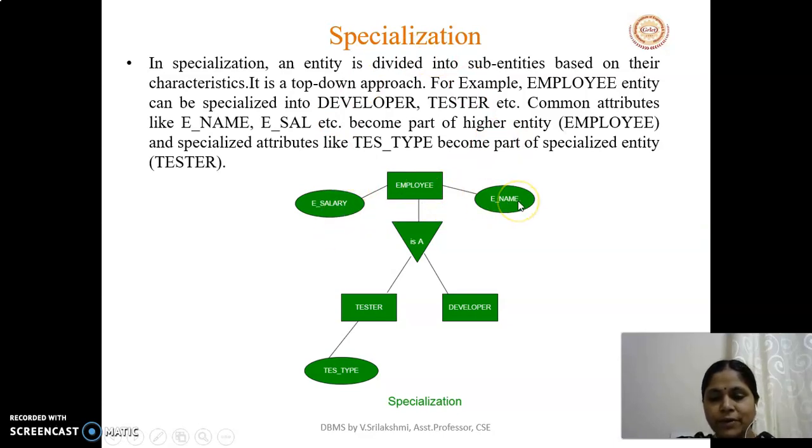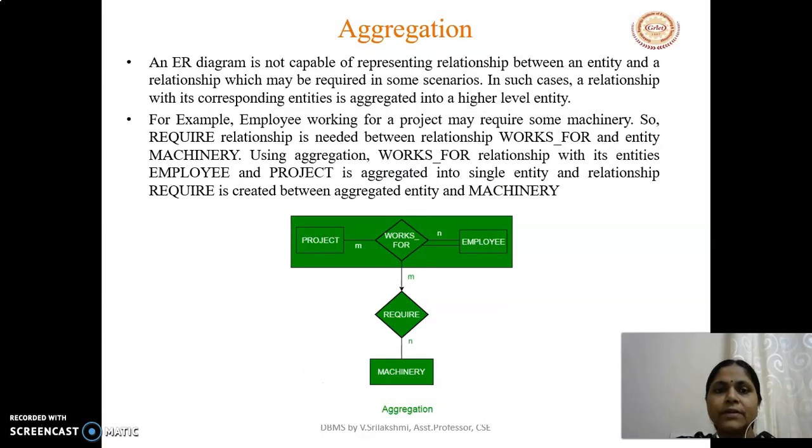Employee salary and employee name are the attributes of the employee entity, and another entity is tester here. Tester has the attribute test type. So here the employee is divided into two types of specialized entities called tester and developer. In this way, specialization is following a top-down approach. Generalization is following a bottom-up approach.